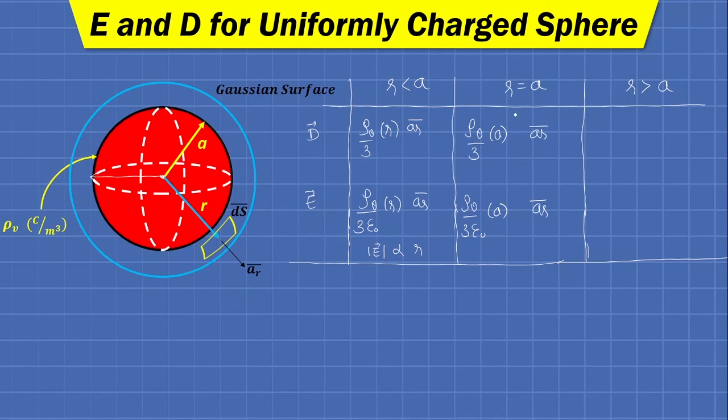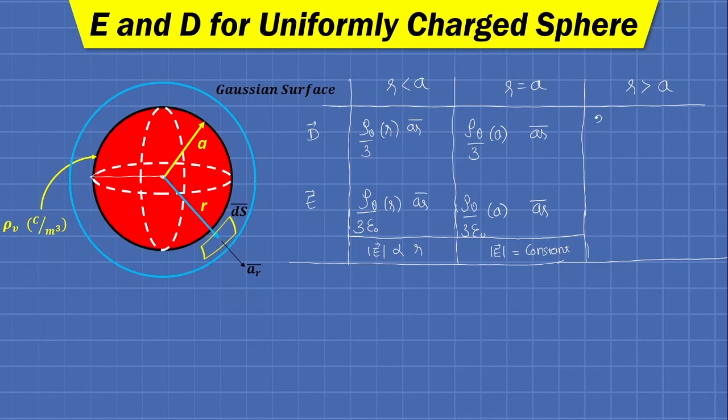For this second area of interest, that is on the surface of the sphere, the magnitude of intensity and density are constant. As you can see, rho v is constant, 3 epsilon naught is also constant, and a, the radius of the sphere, is also constant. So all the terms are constant. So for this second one, modulus of E bar is constant.